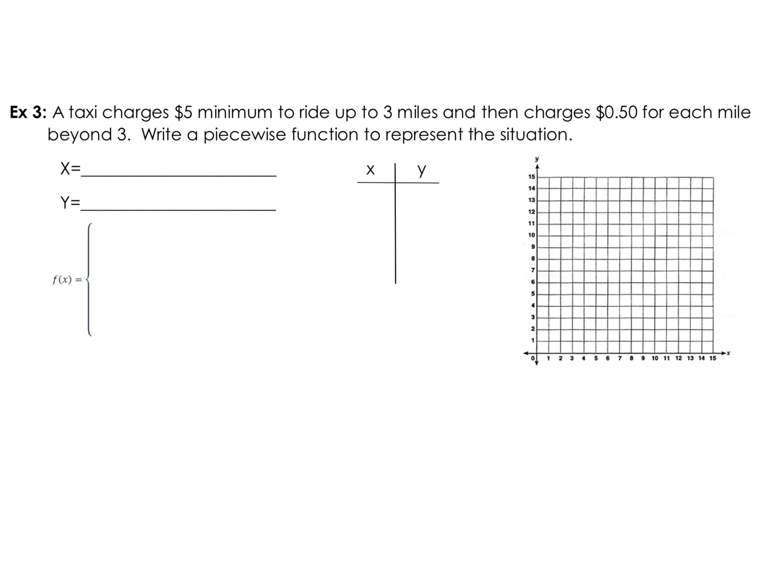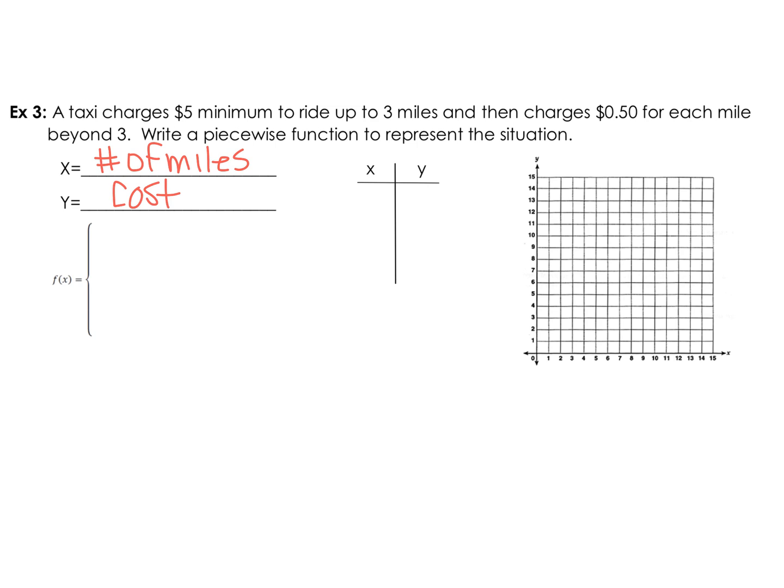The first thing you want to do is identify what your x and your y values are going to be. My x is going to be the number of miles. My y is going to be the cost of the trip. Okay, now I put this table here. You don't have to use the table, but sometimes I like to plan out what I'm going to use for my equations.